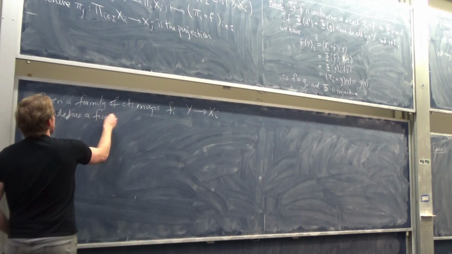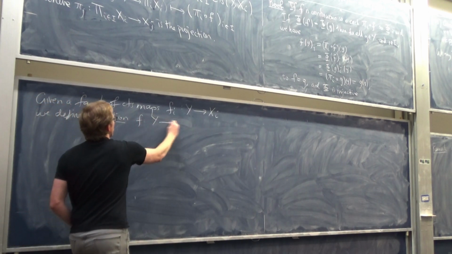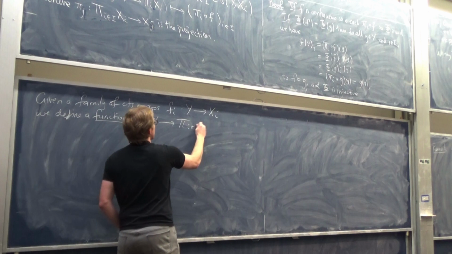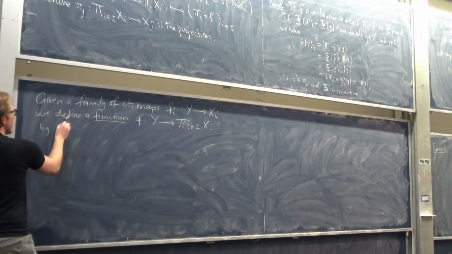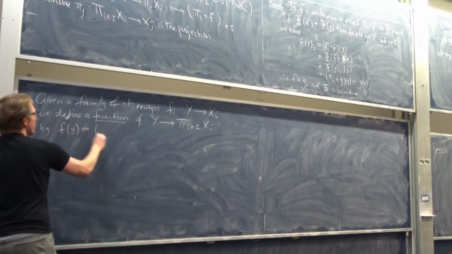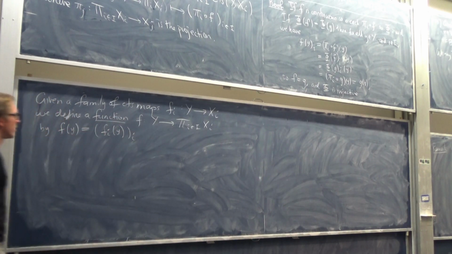So we define a function, not necessarily continuous yet, we don't know, from Y to the Cartesian product. Well, just by sending a y we evaluate all the fi's, and then we accumulate to get an element of the Cartesian product.